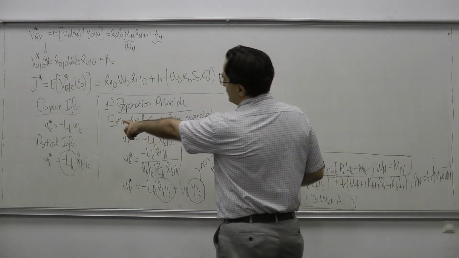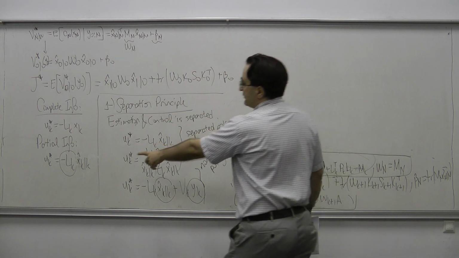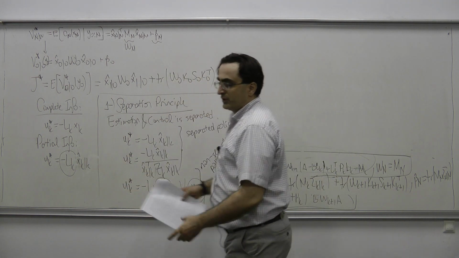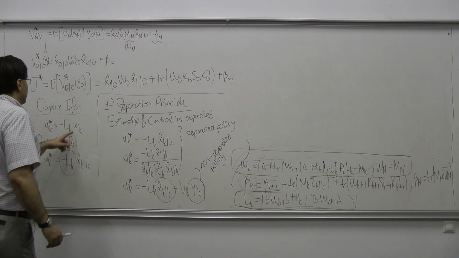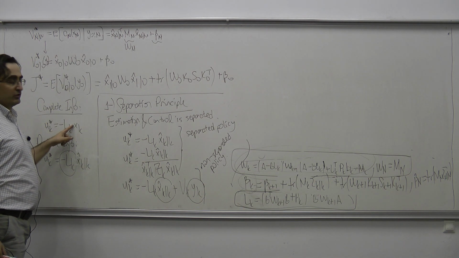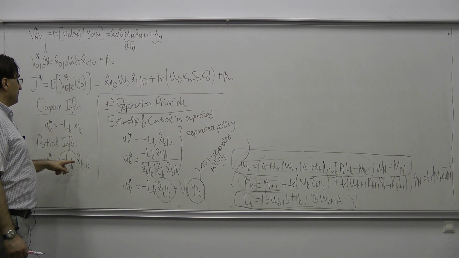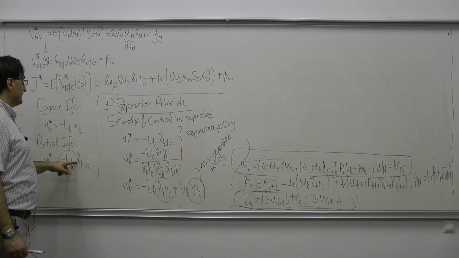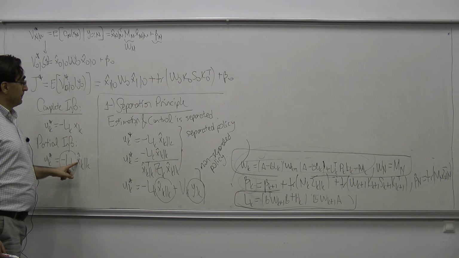The second characteristic of this solution that we have found is that in the complete information case we had xk, and in the partial information case we had x at k given k. Okay?